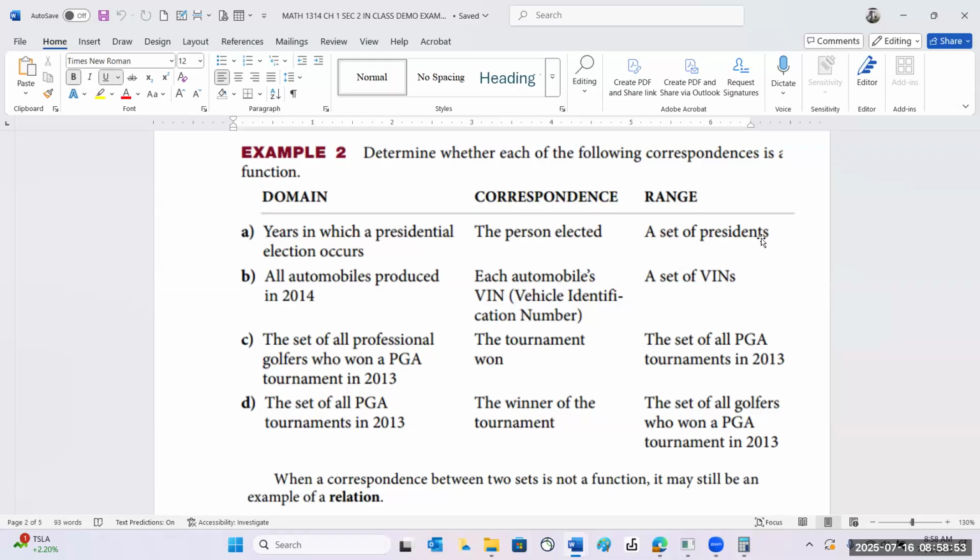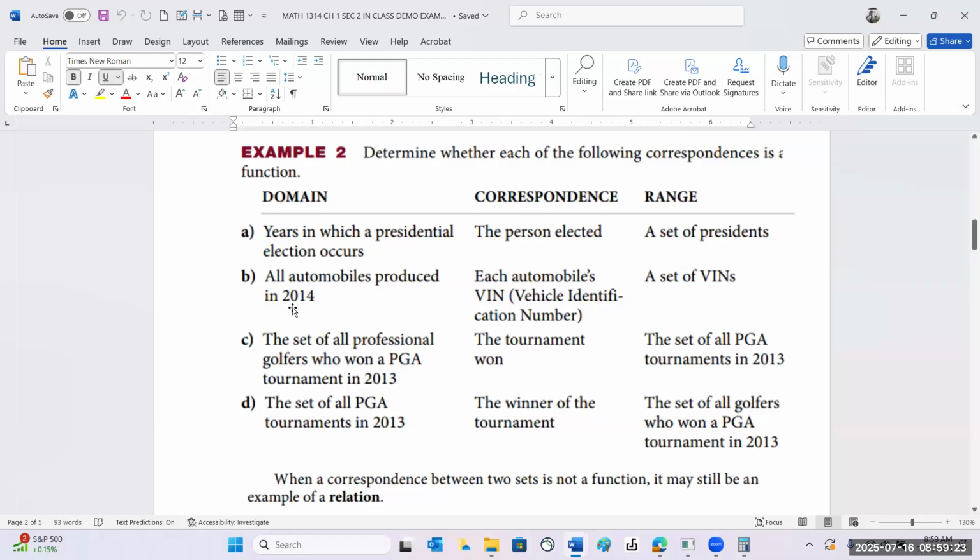Why? You're right. It is yes. One president. Very good. That's exactly right. For each year a president is elected, there's only one president elected. Except back in the Civil War, when there were two presidents, one for the North, one for the South. And hence the Civil War.